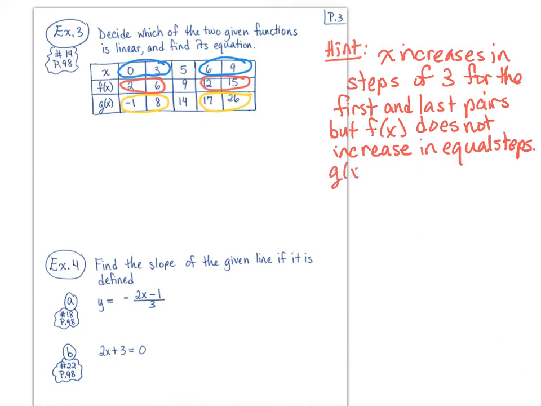G of x does increase in steps of 9 for the first and last pairs, right?